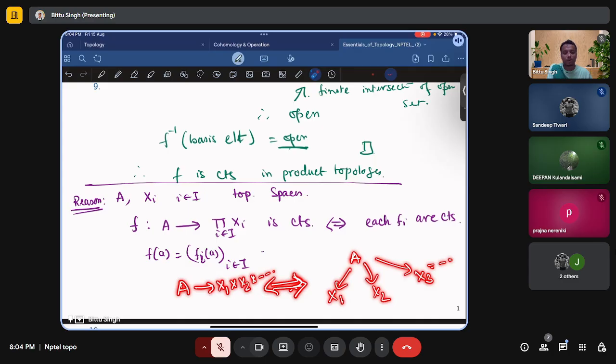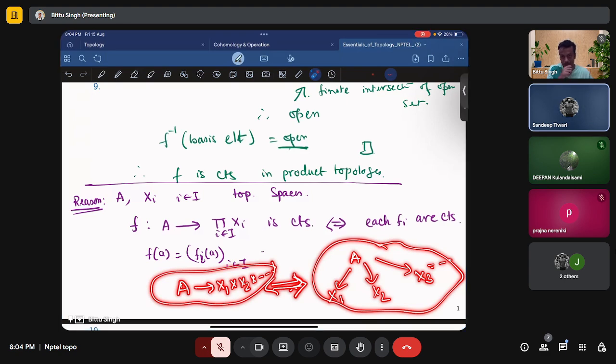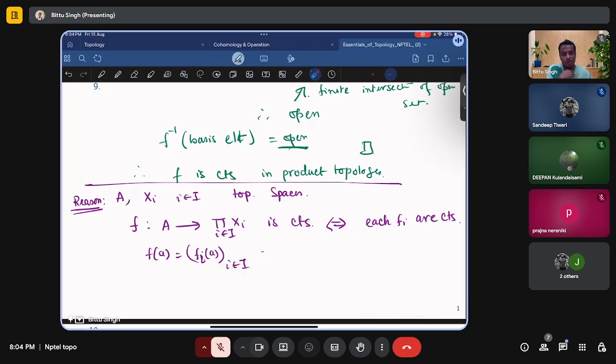That's why product is important: all that information is carried by this single map. Product is more categorical. That is actually a categorical notion, and product topology behaves well, not box topology.